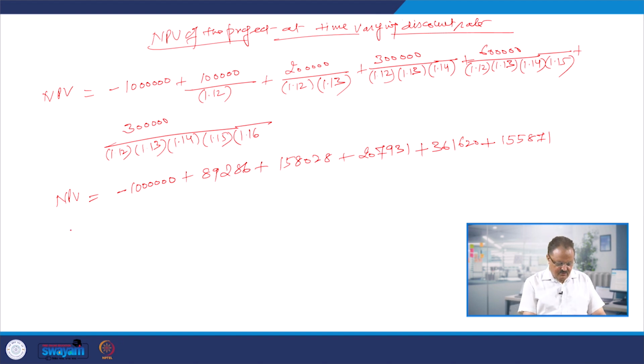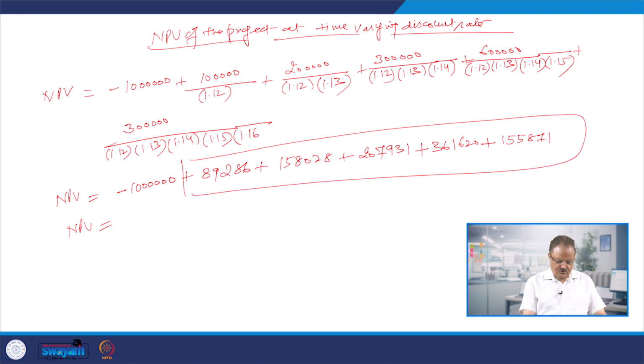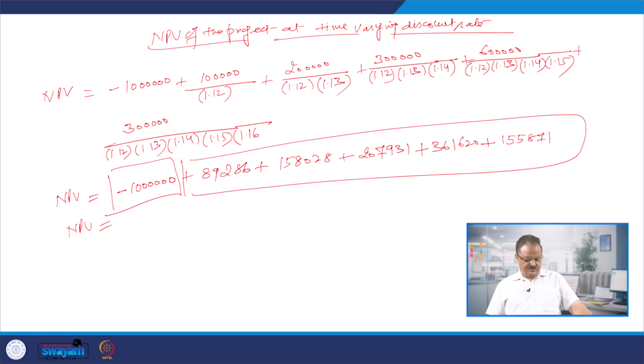So finally, for calculating the NPV of the project, you have to sum up all these discounted cash flows, the present values of the cash inflows, which are discounted at the time varying discount rate, at the rate of 12% and subsequently rising by 1%.